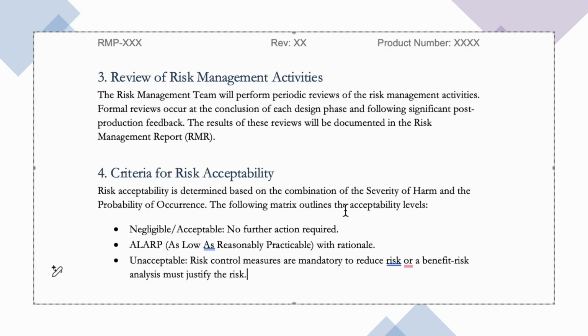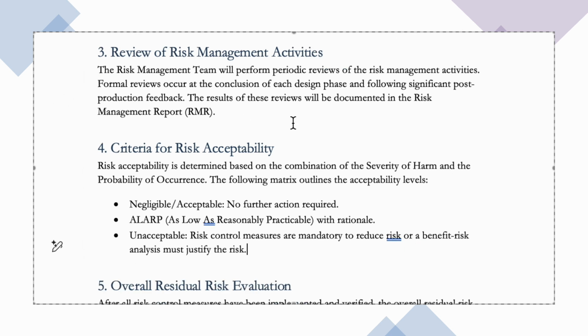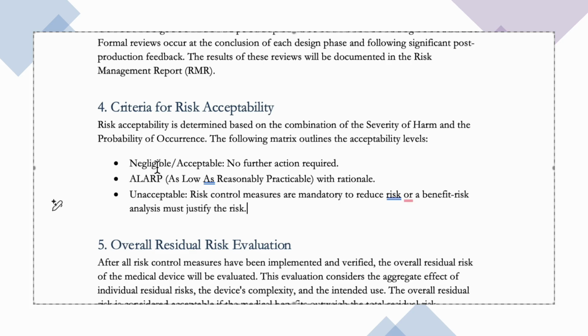Review of risk management activities: what are the risk management activities that will be performed under this project, under this plan? Criteria for risk acceptability: what does acceptable mean? What does as low as reasonably practicable mean, with rationale? And then when something is unacceptable, what are the risk control measures? And most importantly, what is the benefit risk analysis for justifying the risk?